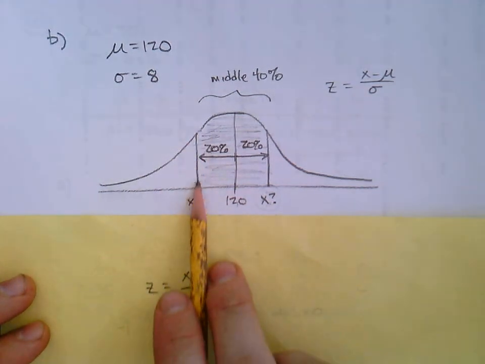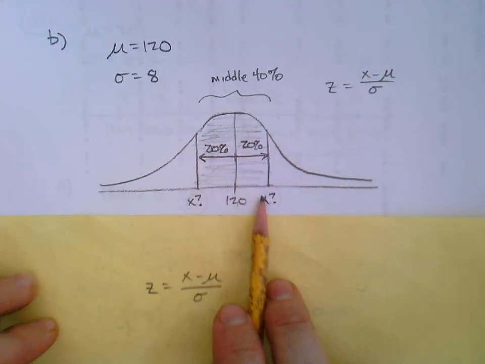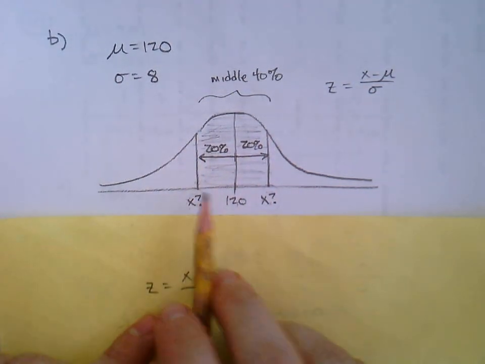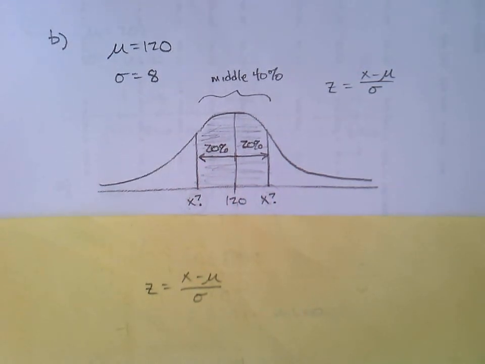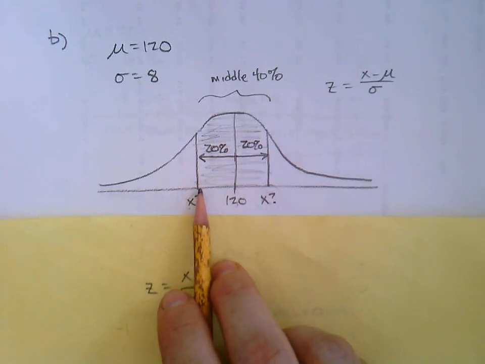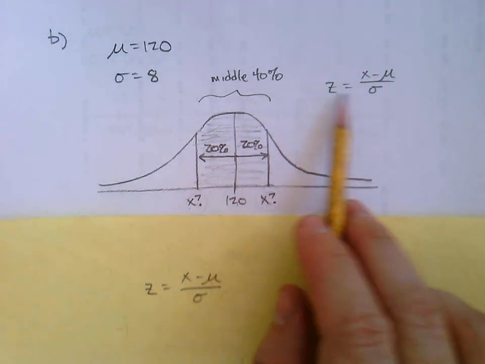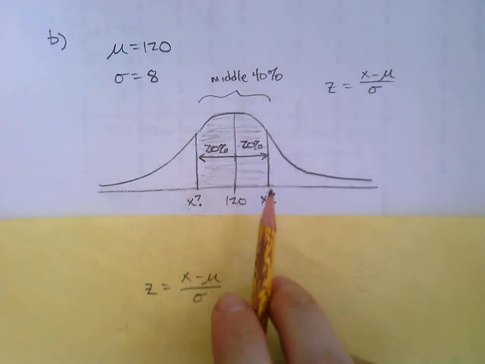So we want to find where these two x values are, because that would tell us that anybody between them is in the middle 40%, and they would qualify to be in this study. So we're going to have to find two different z-scores and use our formula backwards twice, one for the upper, one for the lower.